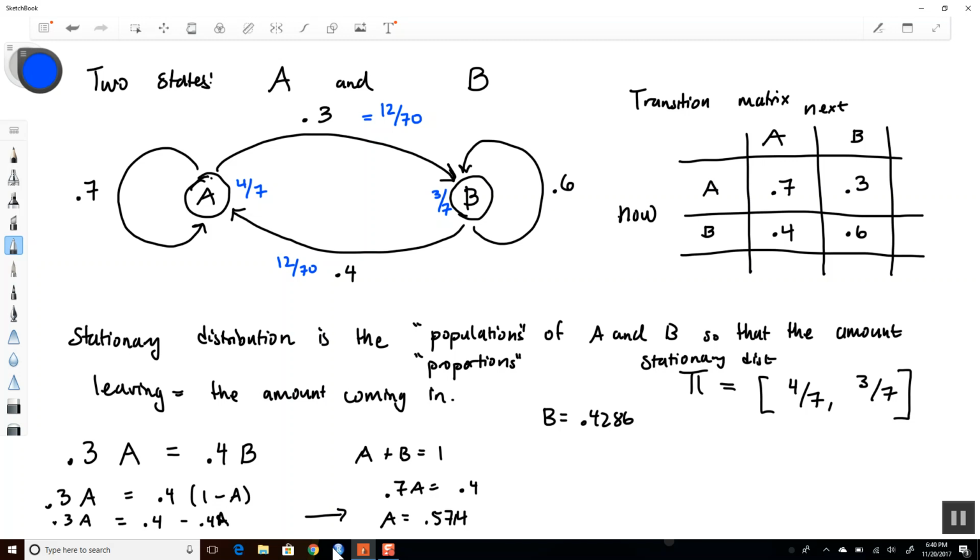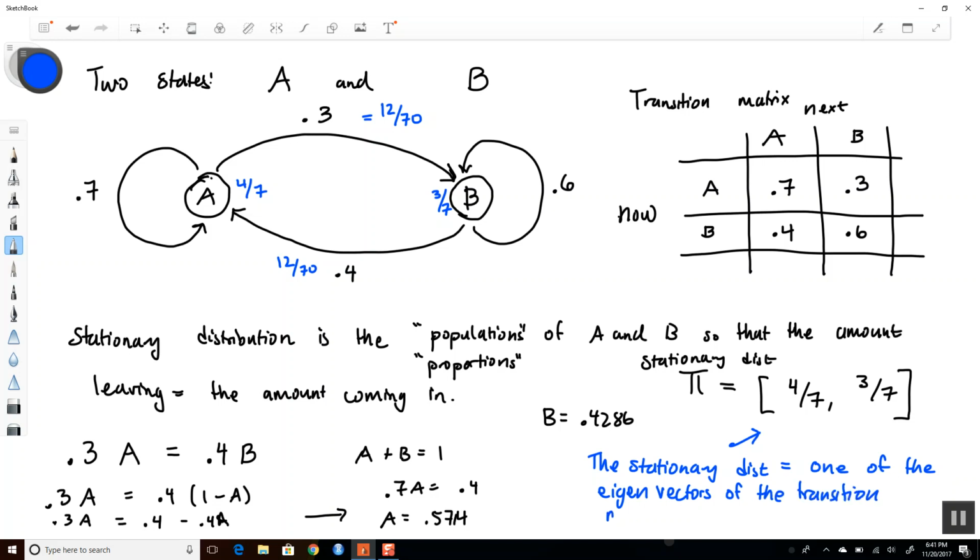An interesting thing about this is that if you have your transition matrix, the stationary distribution will be one of the eigenvectors of that transition matrix.